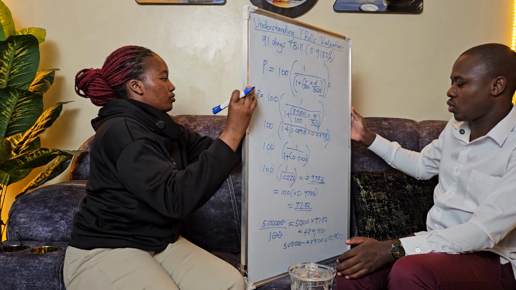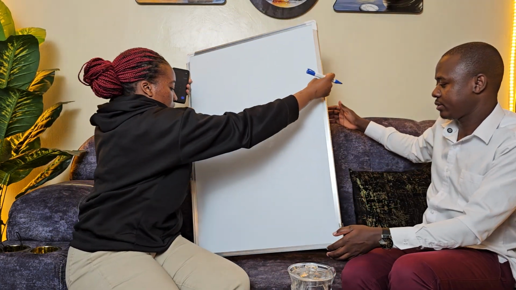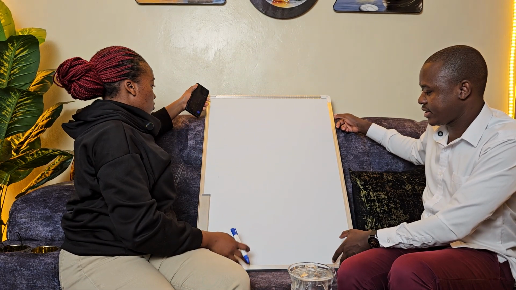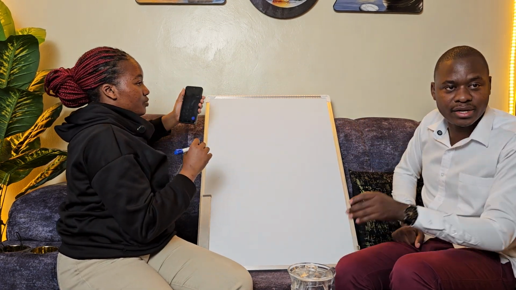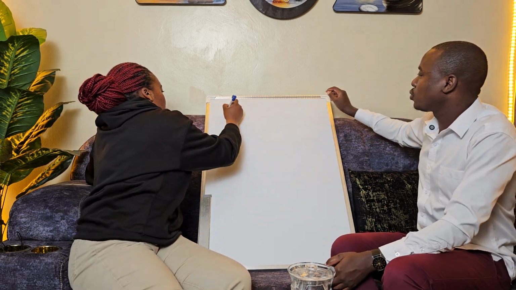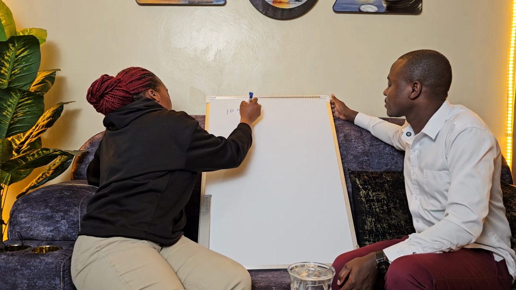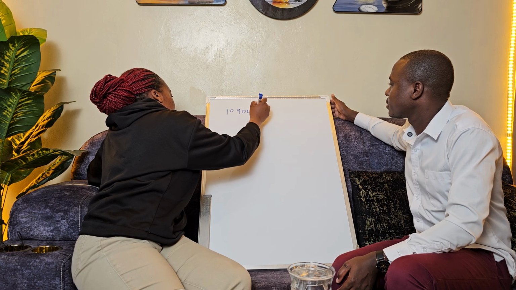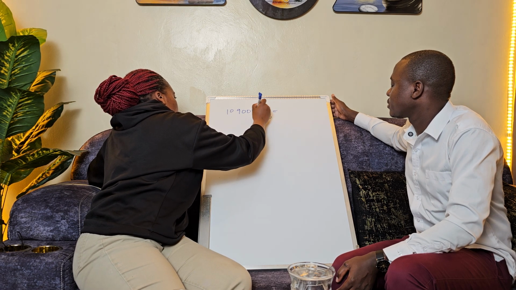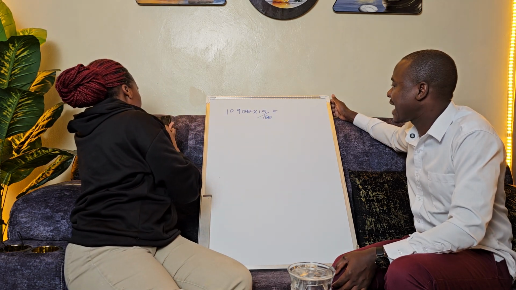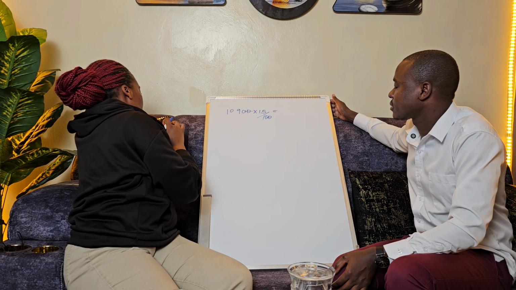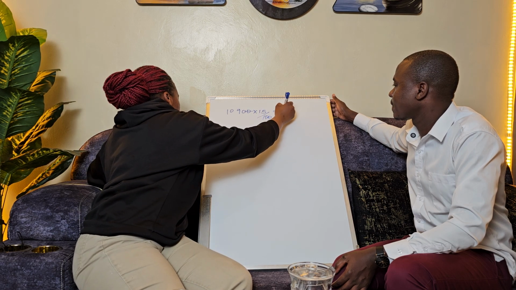Take care not to rub the other side. So we have 10,900 times 15%. What are you looking for? Tax payable. You're going to get.